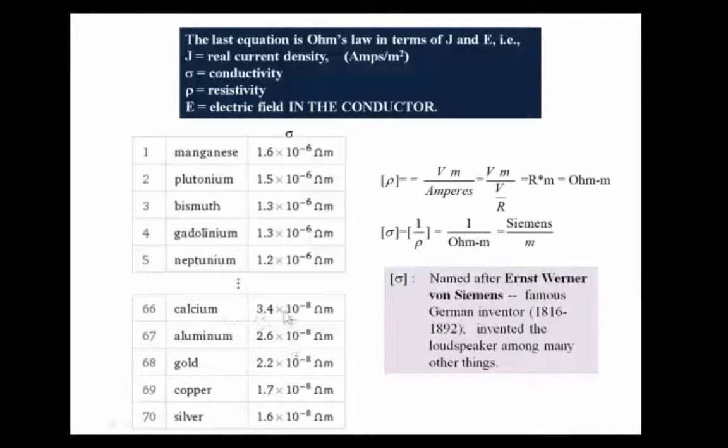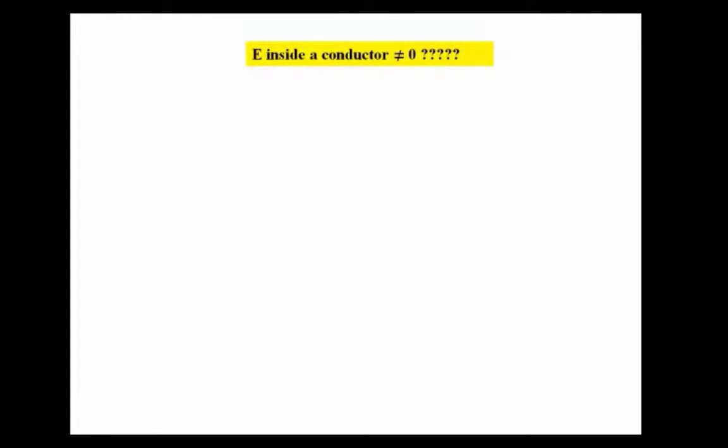I'm surprised because normally we think of gold and aluminum as being superior conductors. The units of the conductivity have also been called Siemens per meter. Siemens was a German scientist, and you may know him in terms of loudspeakers because of the company that makes loudspeakers with his name.